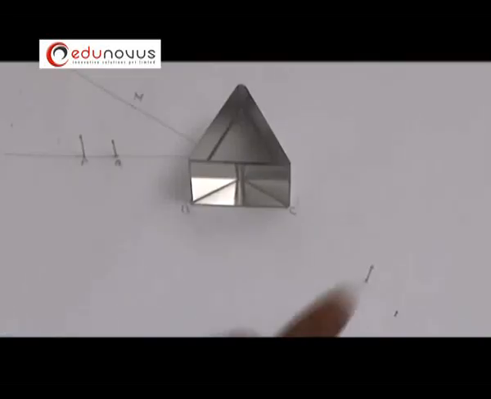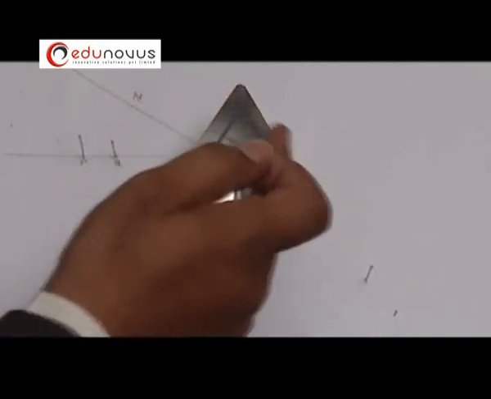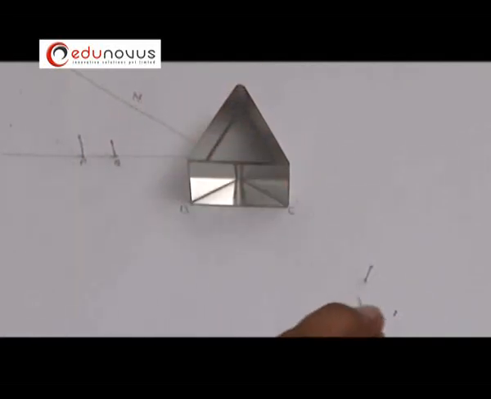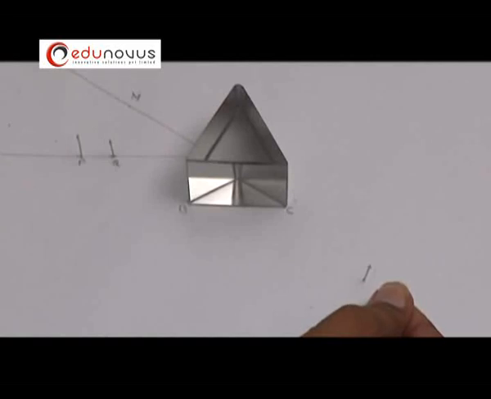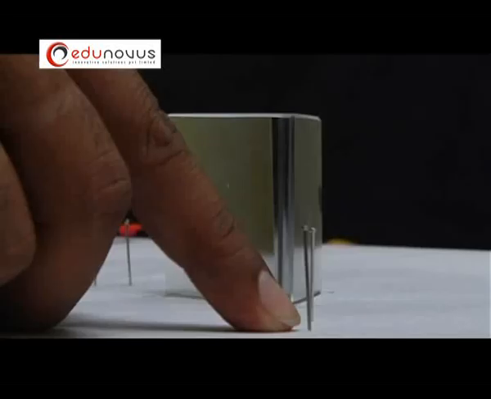Consider one more pin, let us say S, and observe the pins P and Q from refracting surface AC such that the images of P and Q and the pins R and S are on the same line.